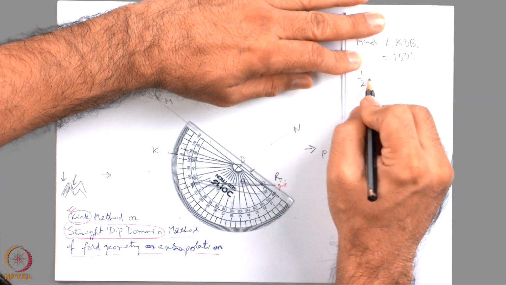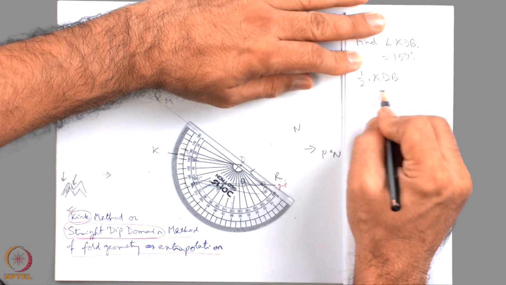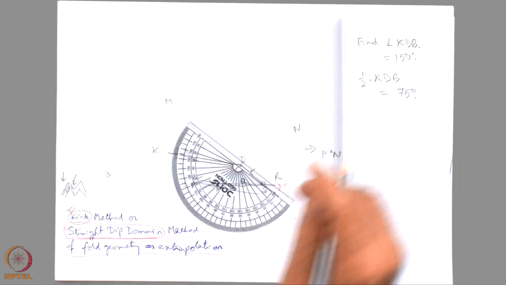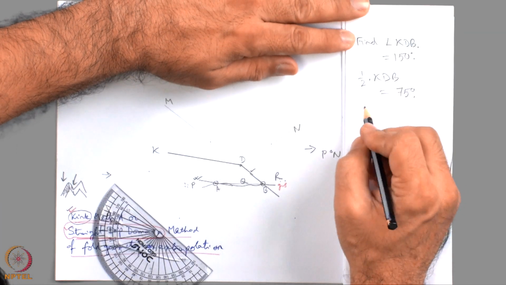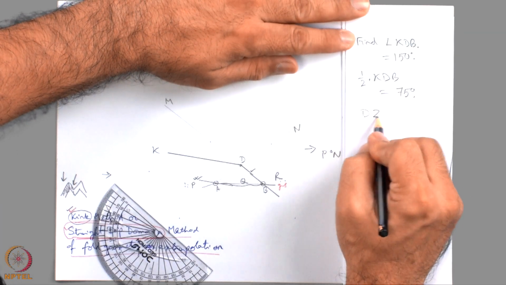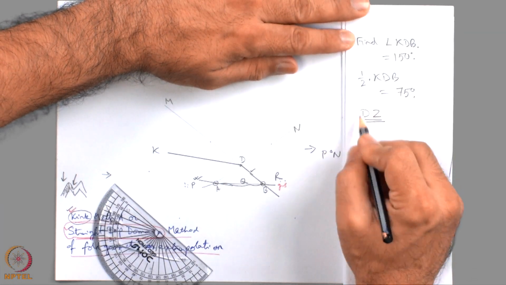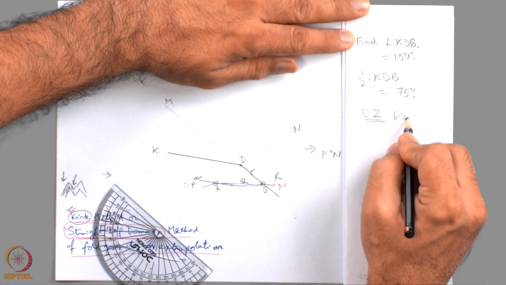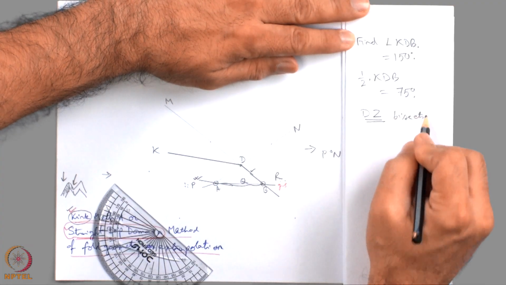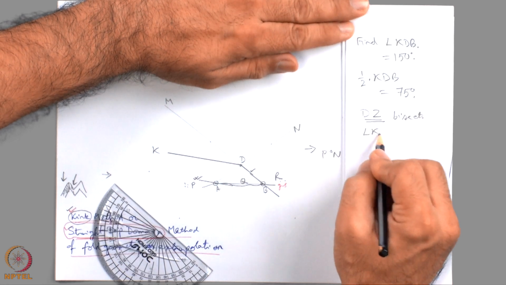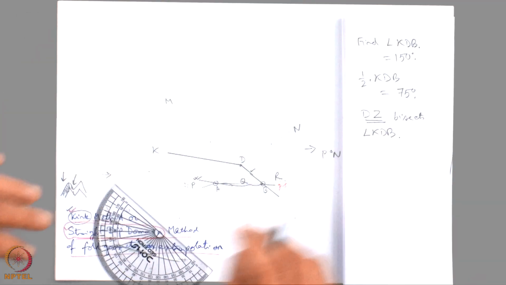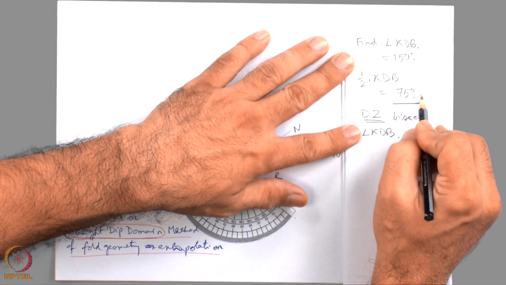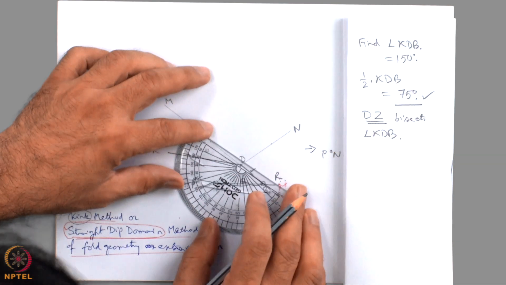Find out half the angle KDB, which is 75 degrees. Draw a line DZ so that the DZ line bisects angle KDB. So, I draw half the KDB angle as 75 degrees.